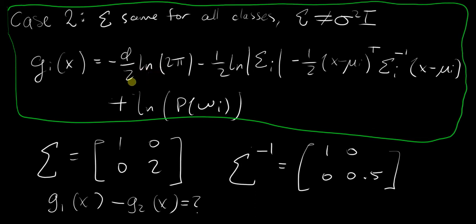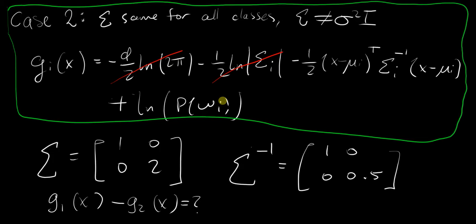This d over 2, d is the number of dimensions, how many features you have. This term here, the ln of 2 pi, is a constant, so we can cross it out. This here, the ln of the covariance matrix, if the covariance matrix is the same for all classes, we can cross that out too. This we're going to leave alone. This last part, ln of the probability of it being class i.